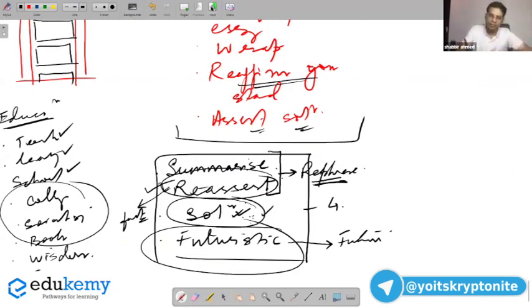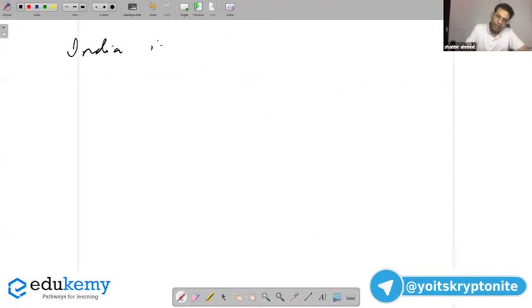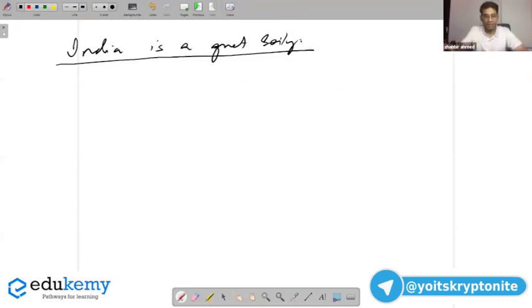Like for example, India is a great society. The statement I want to write on, India is a great society. Your thesis, or say, let me take you through this.